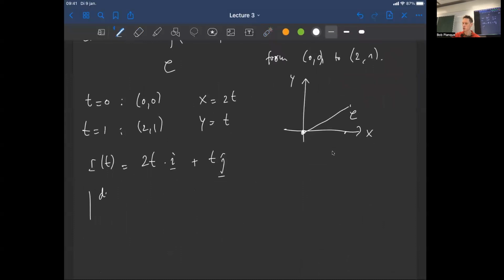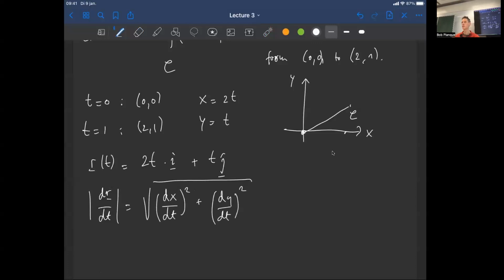So I have to compute dr/dt, and that is the square root of (dx/dt) squared plus (dy/dt) squared. Right, r is x of t times i plus y of t times j, and x of t and y of t are 2t and t respectively.